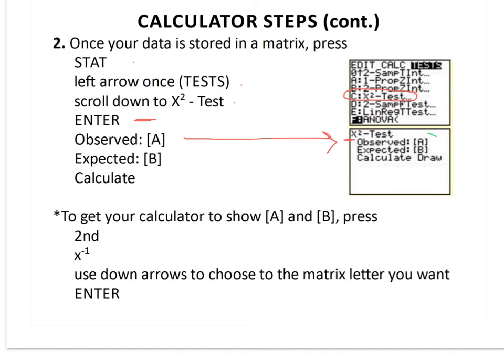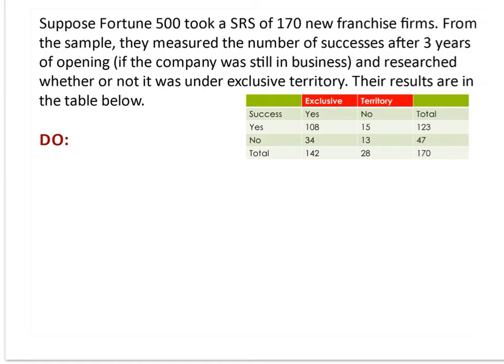Your calculator automatically knows that you put your data in matrix A, and it's going to give you the expected counts in matrix B. So all you do is type in your observed in A, make B say the little parentheses with a B, and then press calculate. And when you do that, it's going to give you your p-value, your chi-squared value, and your degrees of freedom. So it's a pretty magical tool that your calculator gives you.